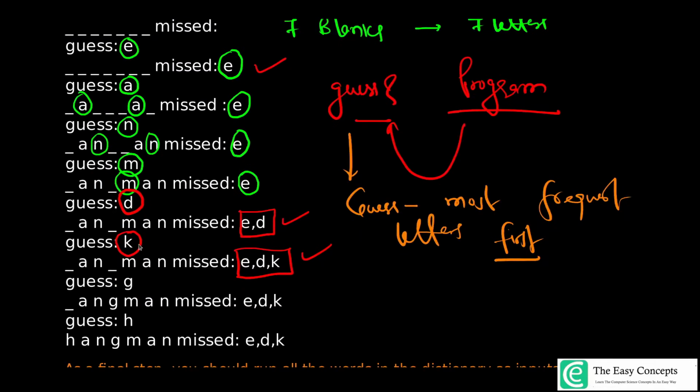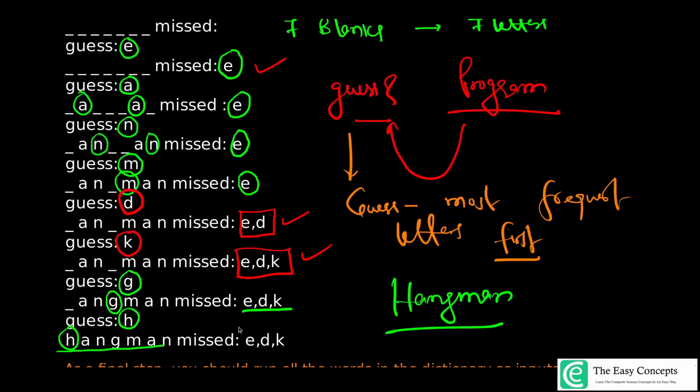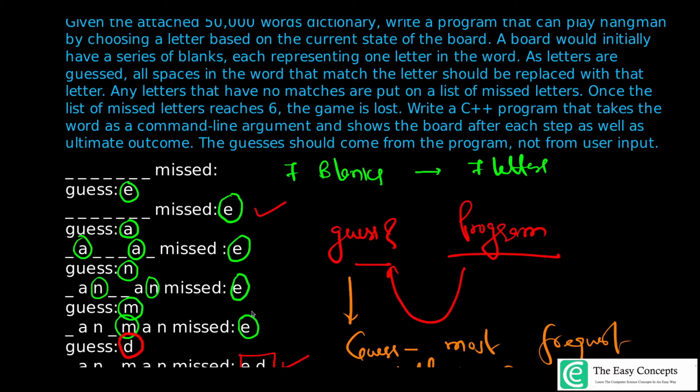Now go to next and see it's guessing G and G is also found here. There are 3 missed only, right? And next it is H, so it is found here. And now the word is complete. So the word was hangman. And we have 3 letters in the missed section.